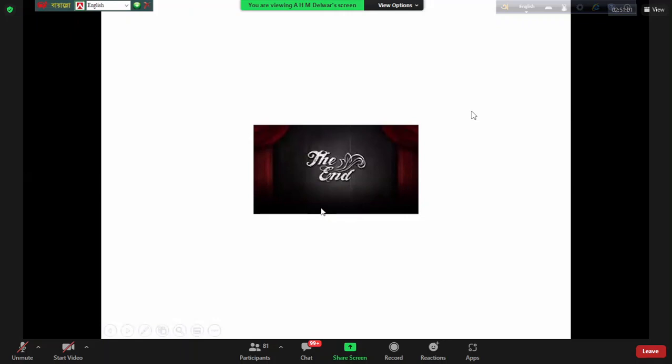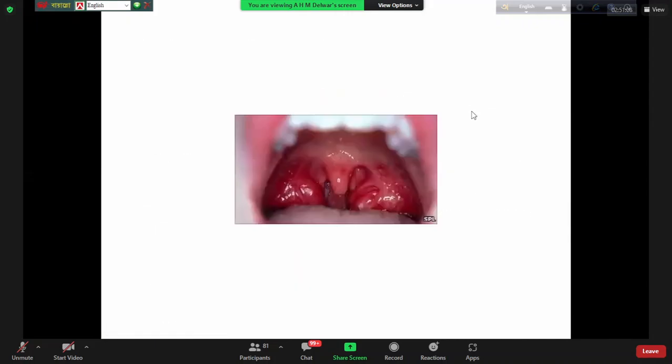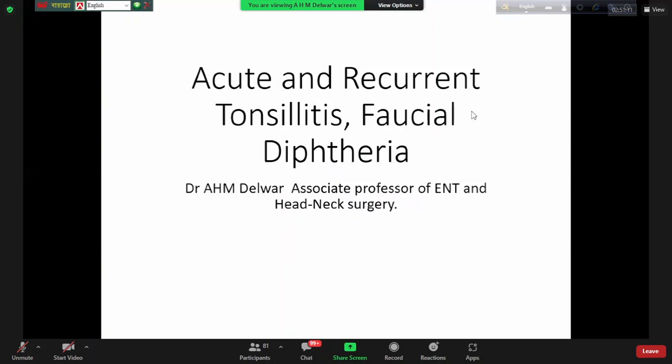So today's lecture is on acute tonsillitis, recurrent tonsillitis and faucial diphtheria. When you talk about recurrent tonsillitis, it is when the patient suffers from repeated acute tonsillitis, 3 to 4 times per year for consecutive 2 to 3 years.